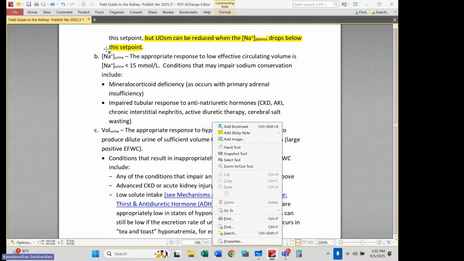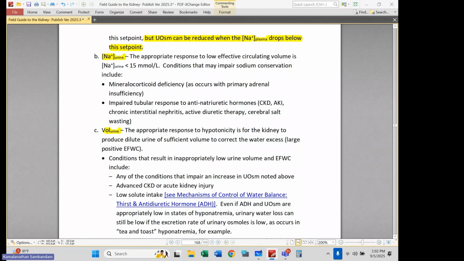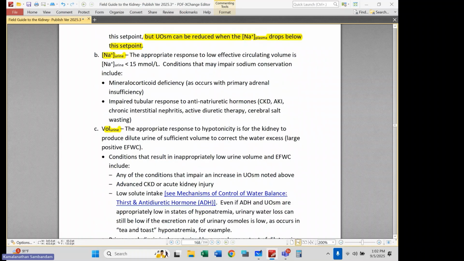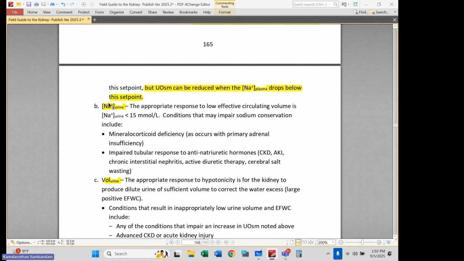Let's just quickly go over these others, which I can do pretty quickly, and then I'll end it there. Sodium is your biomarker of circulating volume. That's really why you check your sodium in the urine. And there are two categories, low and not low. There's no normal, really. Low and not low.